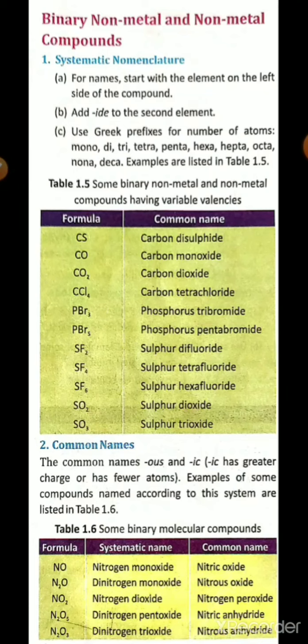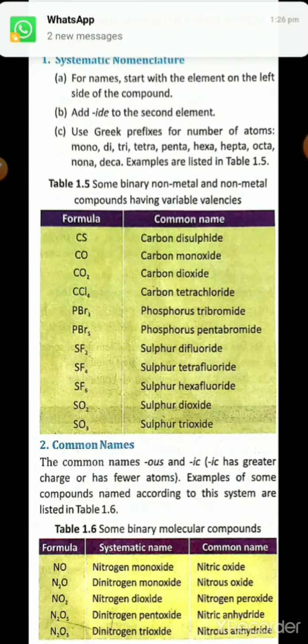Okay, then the common names OUS and IC, where IC has the greater charge and OUS has the lower charge.